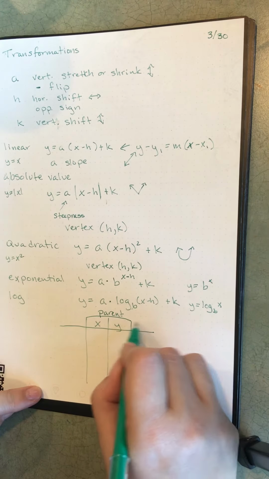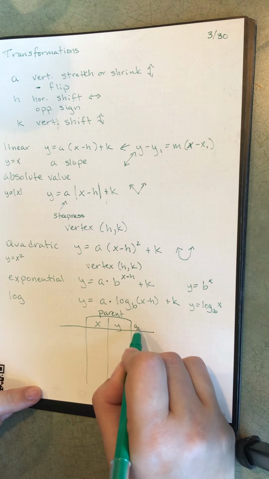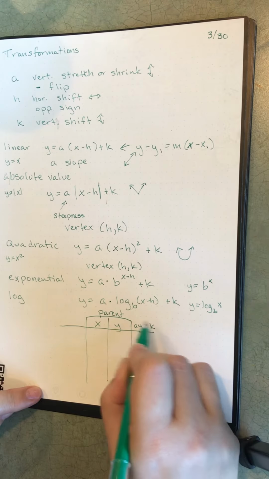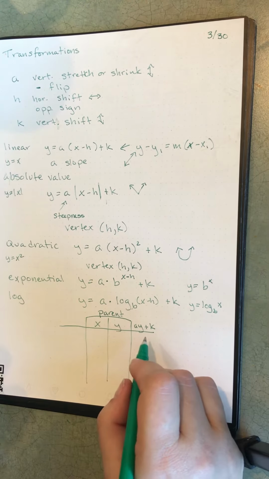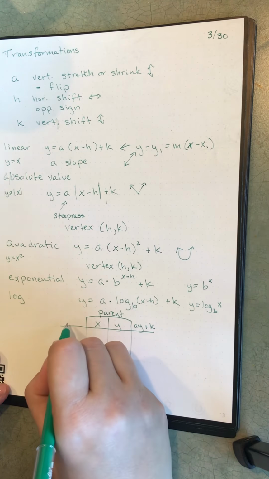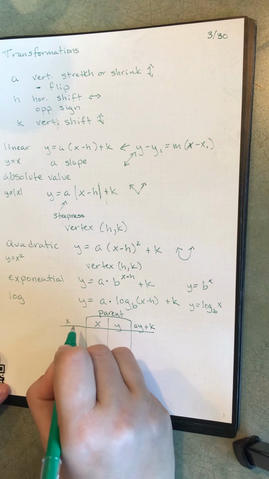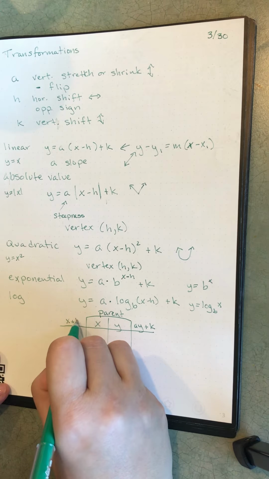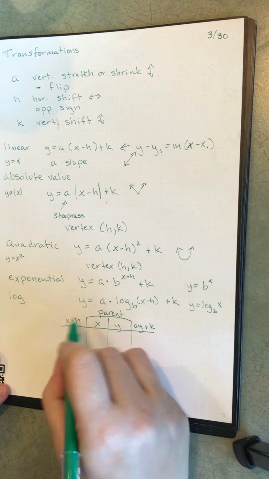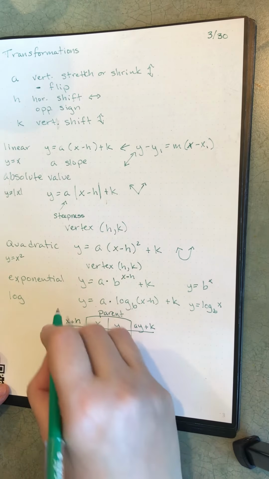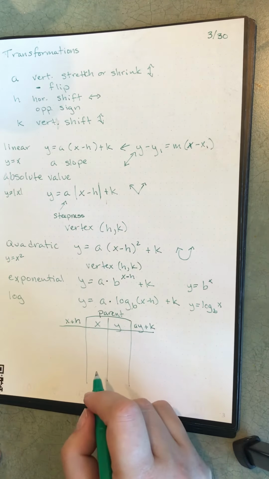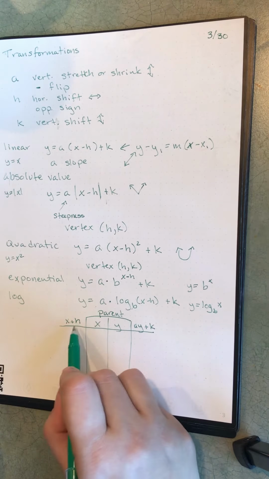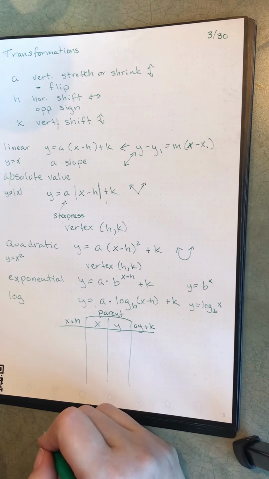And then this transformation is always a times y plus k, because these are the things that affect it vertically. And this transformation is going to be x plus h, remembering that h is the opposite. So here it's negative h and here it's positive h, so it's going to be the opposite.